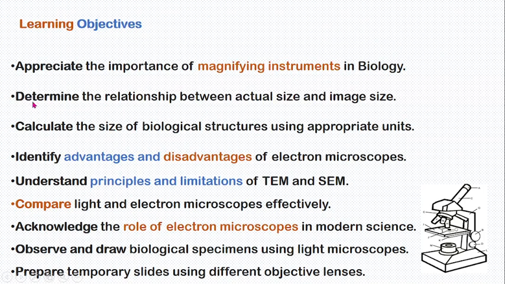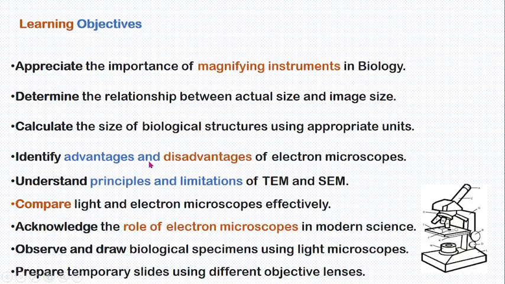At the end, we should be able to determine the relationship between actual size and image size. Here we will talk about the formula for how to calculate magnification, and calculate the size of a biological structure using appropriate units.